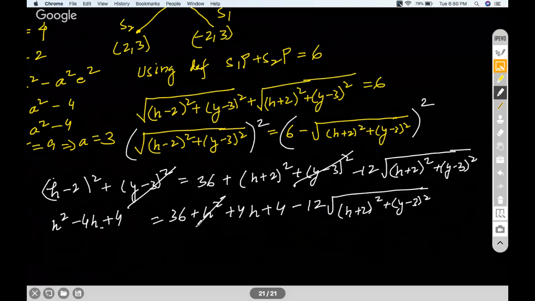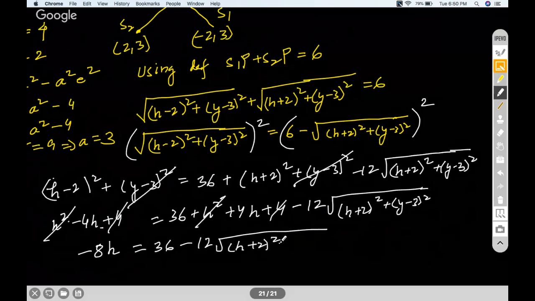Okay. So h square gets cancelled. 4 also gets cancelled. So you will have minus 8h is equal to 36 minus 12 under root of (h plus 2) square plus (y minus 3) square.